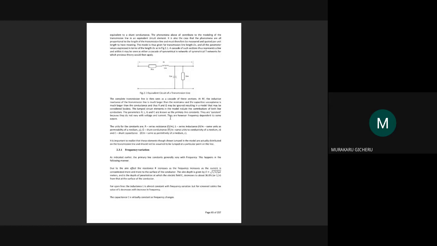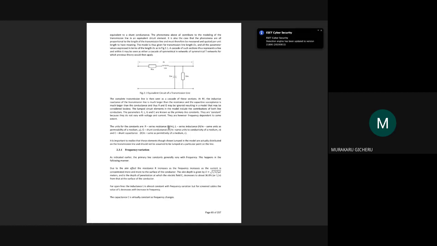These parameters R, L, G, and C are known as primary line constants, and they're constant because they do not vary with voltage and current. However, they are frequency dependent to some extent. The units for the constants are series resistance in ohms per meter. Remember, everything in transmission lines will be in per unit length. Keep that in mind.